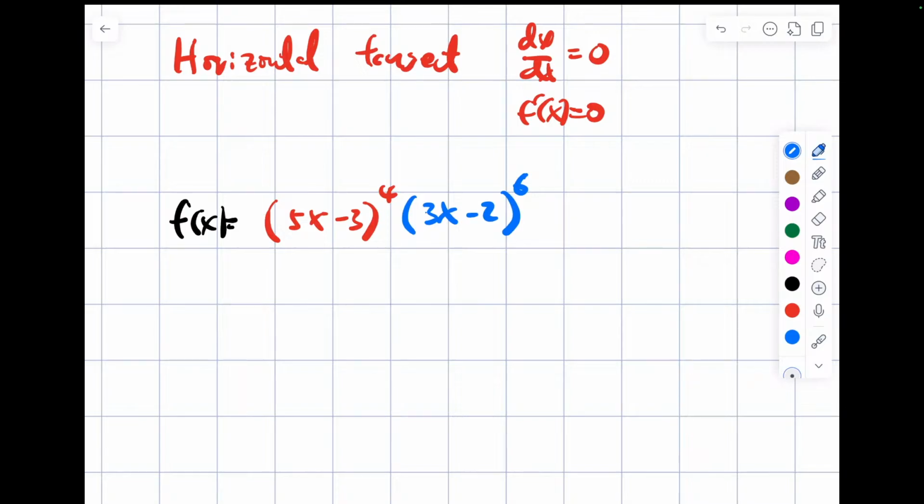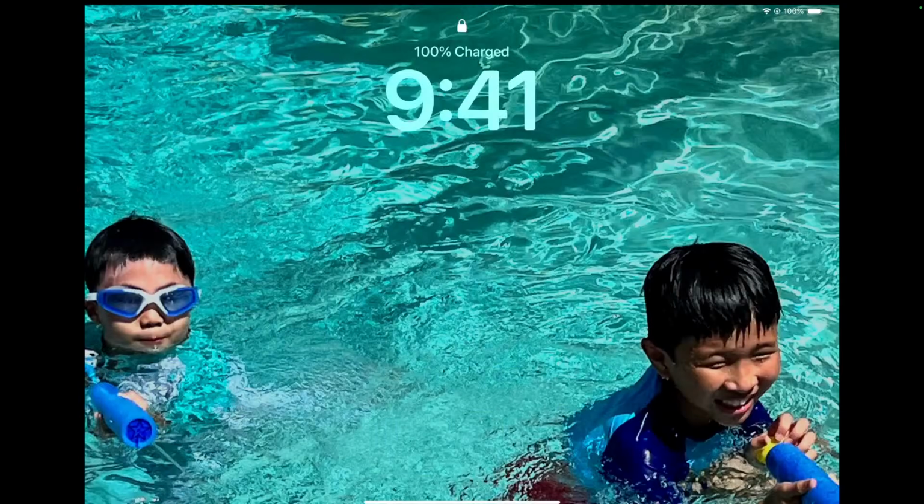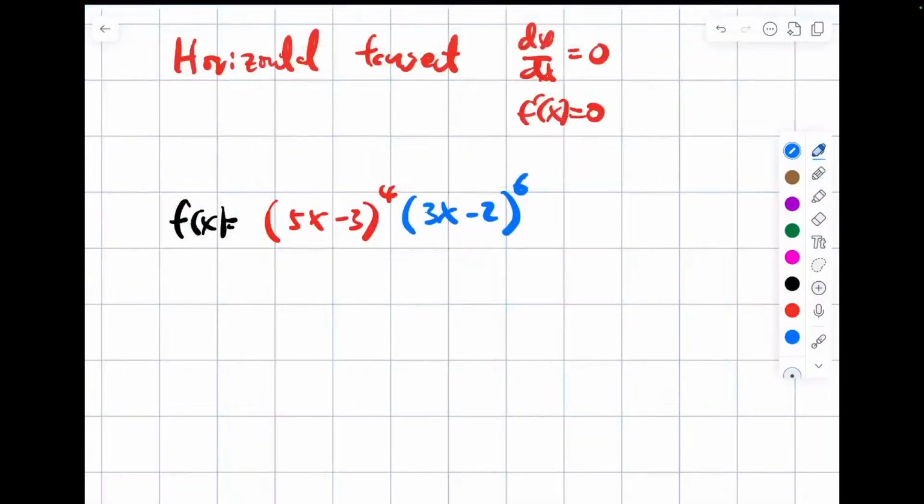Her math is like generating. All right, did you finish taking the first line?